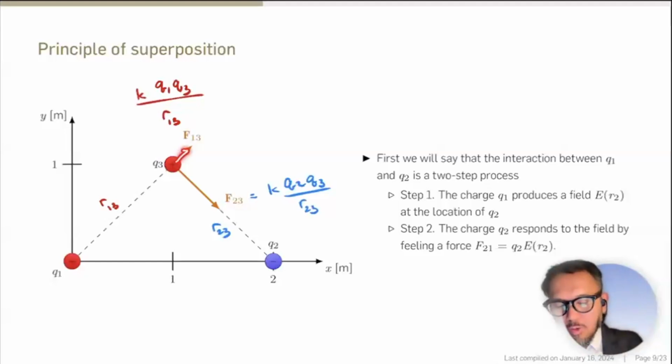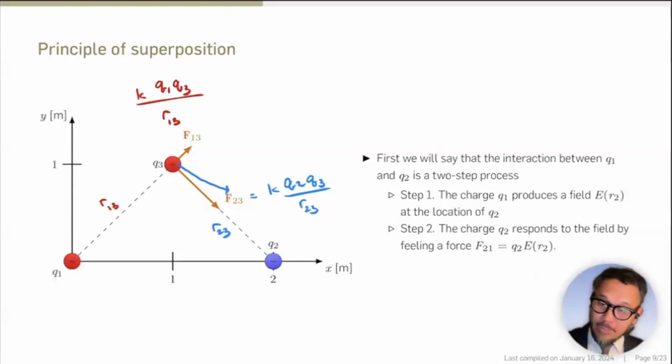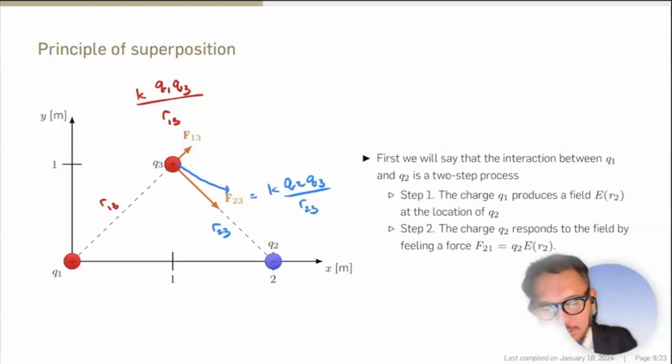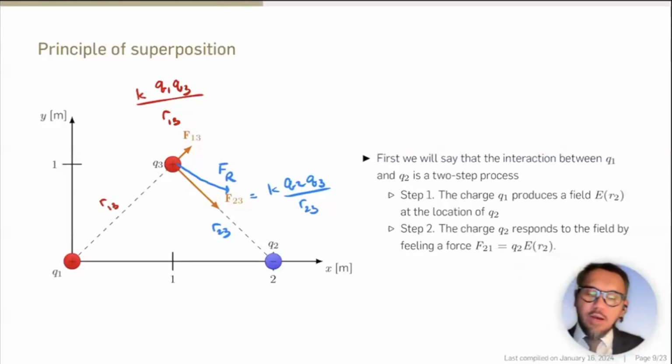So you have two forces on Q3, and the sum is the sum of these two vectors. You should know how to do vector addition, which is like this. Okay, that's the, some books use F_R, basically the resultant force. Clear?